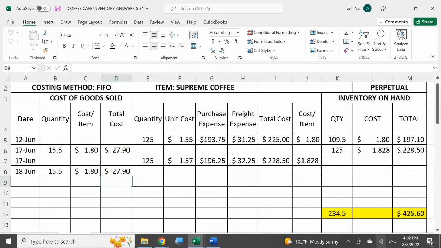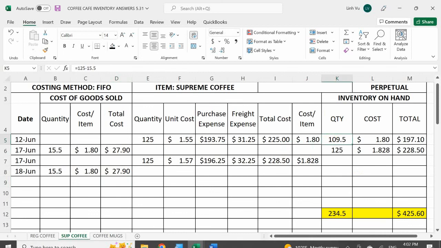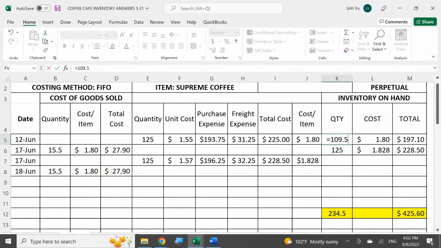Okay. So now we need to update it out of the 197.10. So how much remaining should I have left over? $169.20.